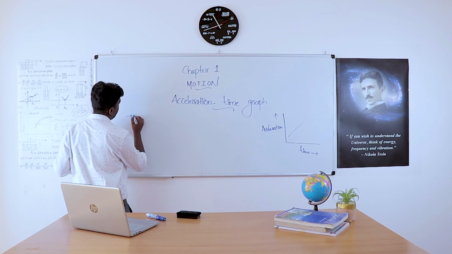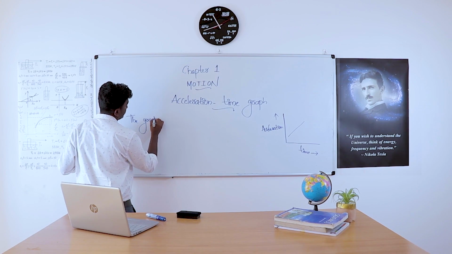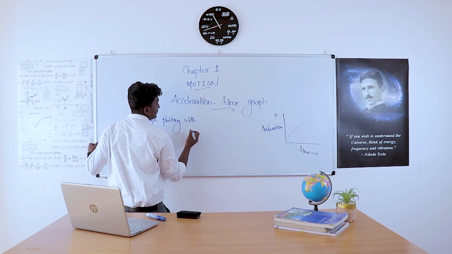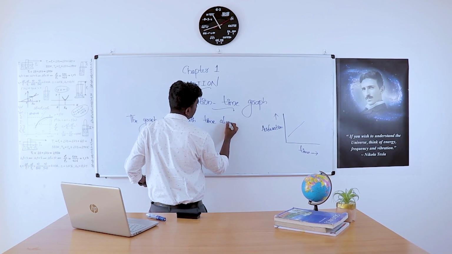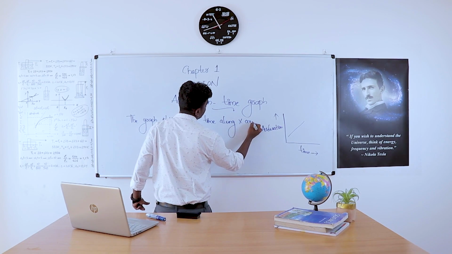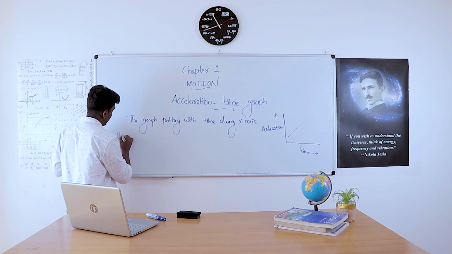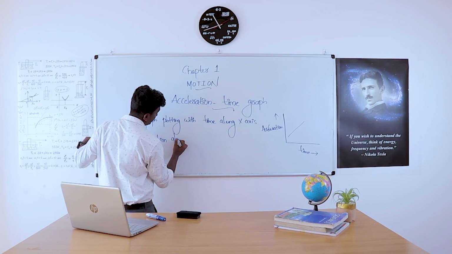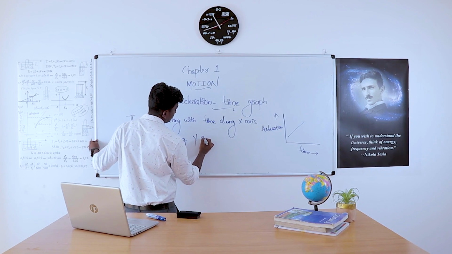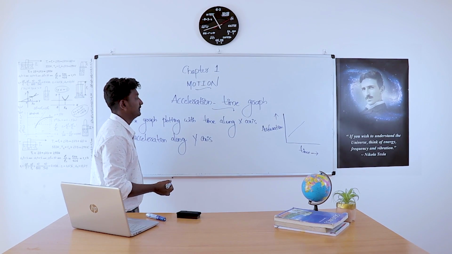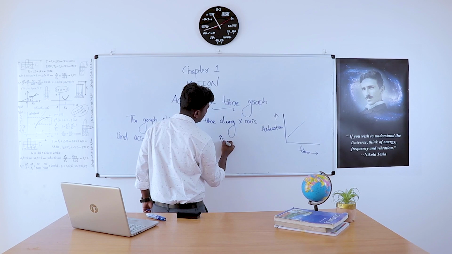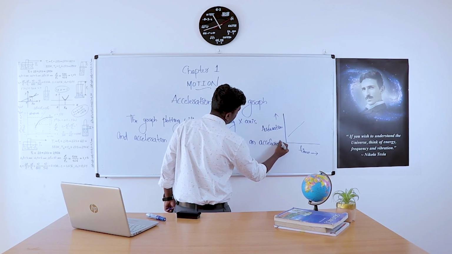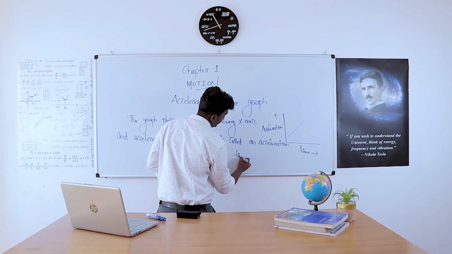That means a graph plotted with time along the x-axis and acceleration along the y-axis is called an acceleration time graph.